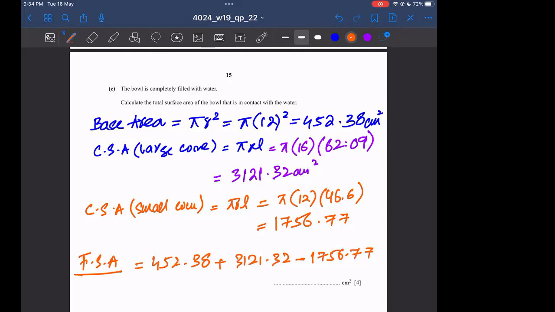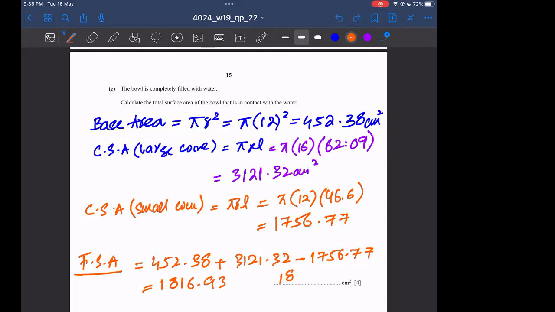So it becomes 452.38 plus 3121.32. Then we have minus 1756.77. So we got the answer 1816.93. 1816 or 17 is the rounded answer.